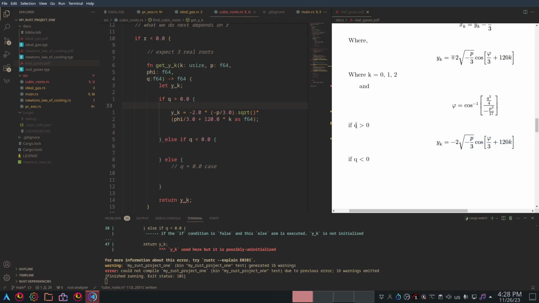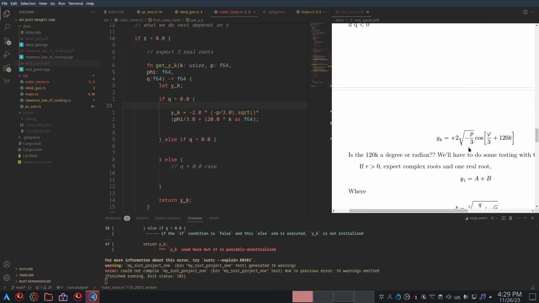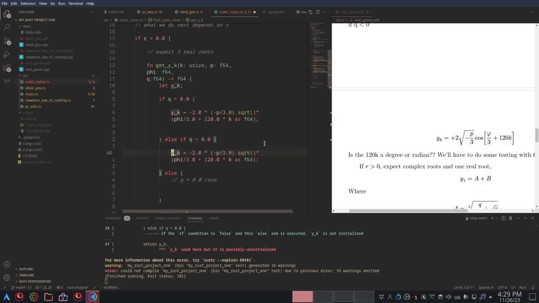Okay, for q more than 0, yk equals minus 2 square root of minus p over 3, cosine of phi over 3 plus 120k. So that's one. This one is yk equals 2, the plus version, plus 2 square root of minus p over 3, cosine of phi over 3 plus 120k. Let's copy and paste this here, and then I will take out the minus, and this is the q less than 0 case.